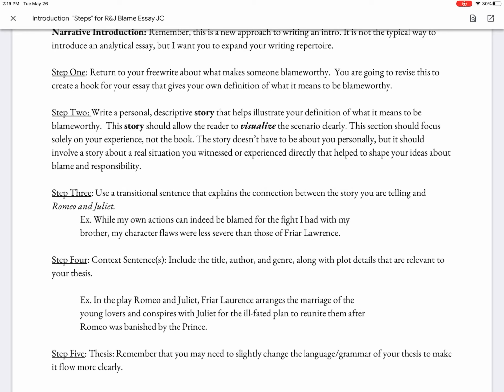You're telling a story about you or someone you know that helps to clarify or illustrate that definition of blameworthiness. You're bridging, you're linking to the play. You're giving context about the play and the character that you're going to blame. And then you include your thesis statement for why that character is to blame. So you'll have the whole period to draft this, and actually you have more than the period because it's due before our next class.